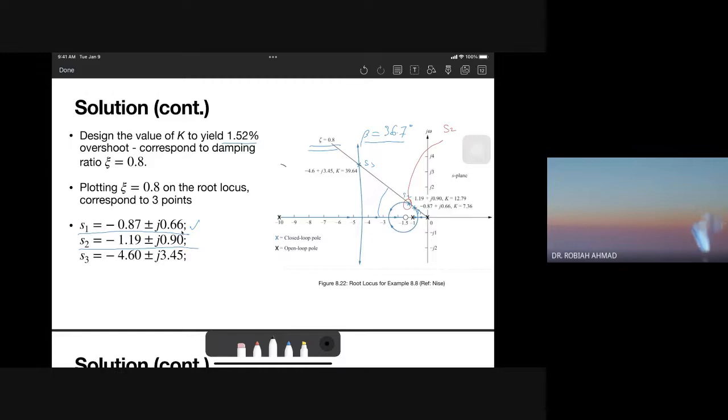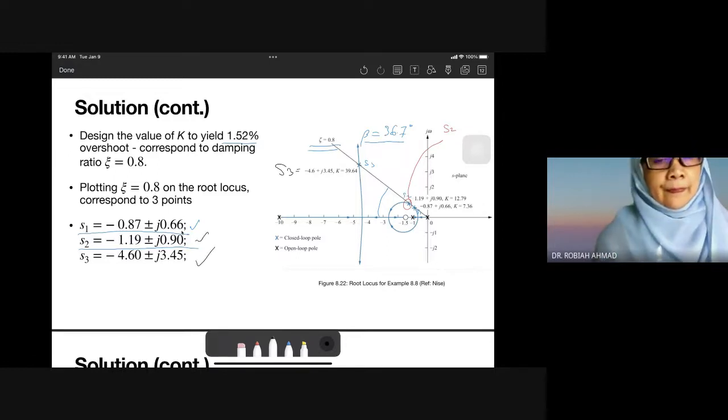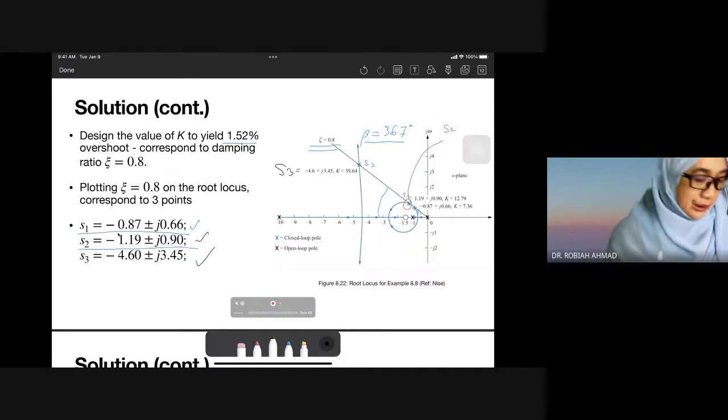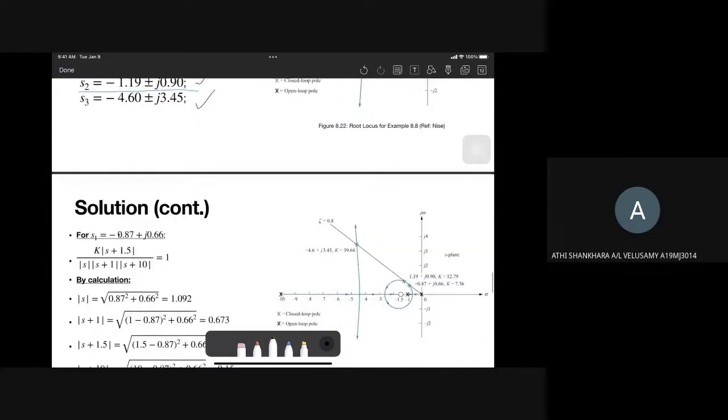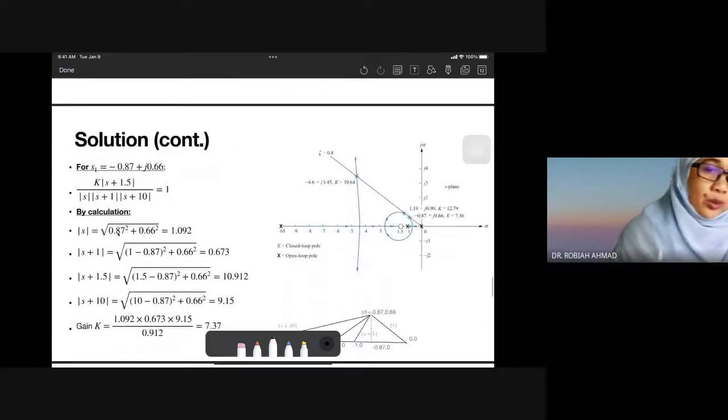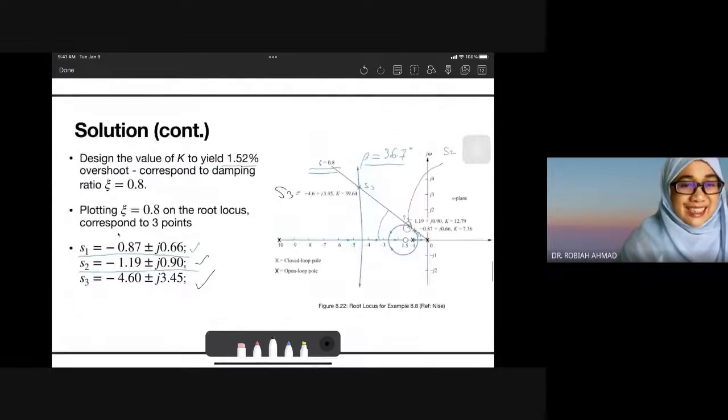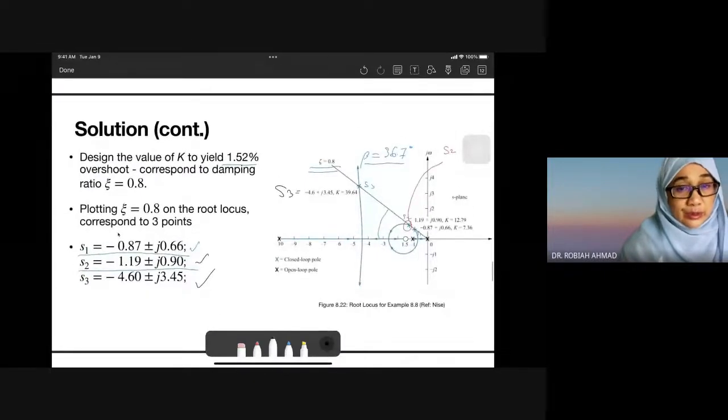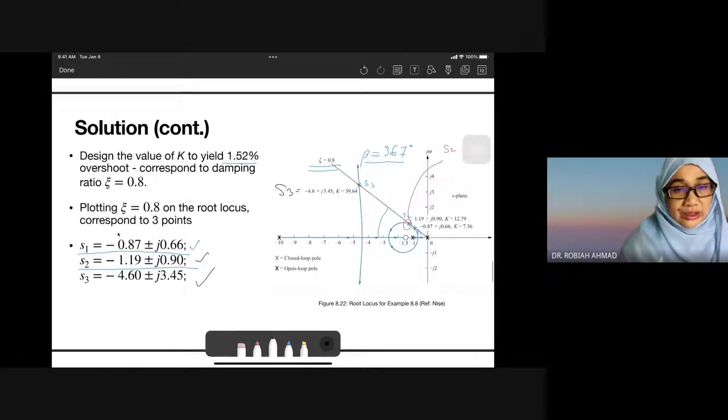Okay, up until now, class, can you follow me? Okay, let me proceed. Yes, doctor. The question is to design the value of K to yield 1.5% overshoot.